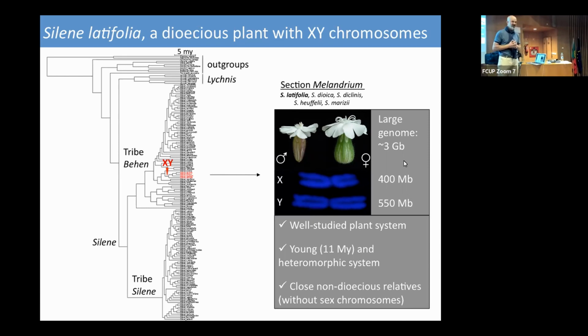It's repeat rich, and the X chromosome is 400 megabases long, and the Y chromosome is 550 megabases long. It's a huge Y chromosome. It's the size of, for example, the grapevine genome. So I think it's the largest Y chromosome documented so far.